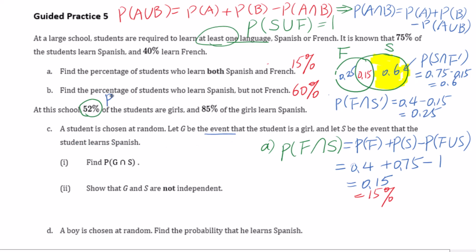So we have probability of G equals 0.52. Then probability of Spanish given girls will be 0.85. Now let's look at C1. Find the probability of G intersection S.